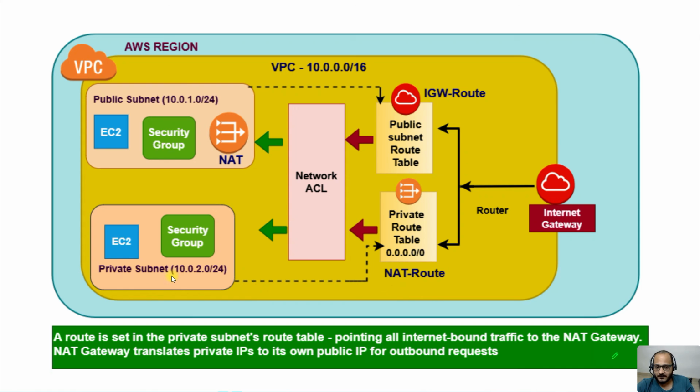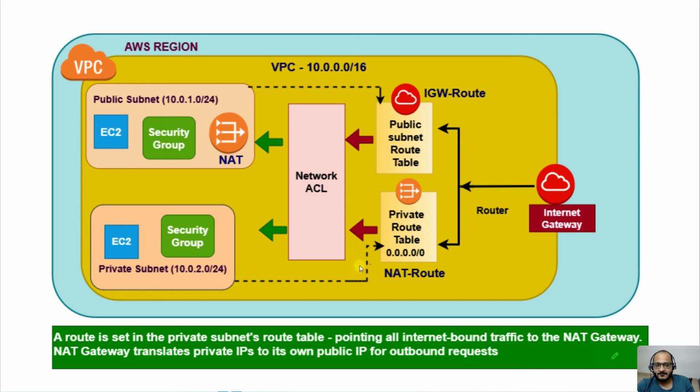The main requirement to set up a NAT gateway is that you should have a public subnet, and for the public subnet we generally attach an internet gateway. In this scenario we have to update two route tables.